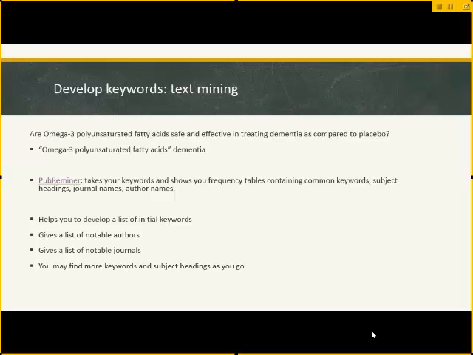One of the things that's quite interesting you can do, and again, this primarily applies to health, but I think you can do it in other fields as well, is a thing called text mining, which is really cool. If your question is to do with omega-3 polyunsaturated fatty acids and whether or not they are good and safe and effective in treating dementia, what you can do before you even start doing your search in earnest is use one of these text mining tools to generate for you an overview of what kinds of keywords are similar to this in a database.